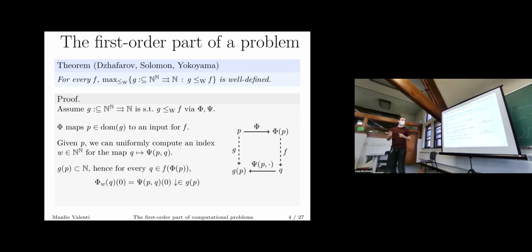Now, since G has codomain N, the solution for G of P has to be computed by the functional W that we just computed, so essentially it's just psi of P, Q. Since natural numbers are represented by just the first digit of a sequence, we only care about what is produced by this functional at 0. So we don't really need the whole thing, we just need the first digit.